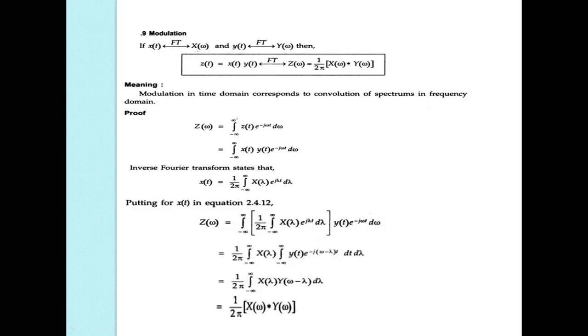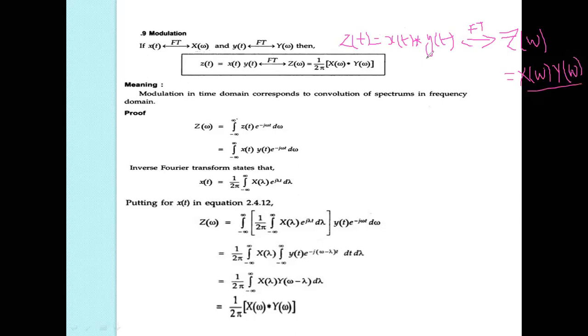Okay, already we have seen the convolution in time domain. Convolution in time domain says that z of t is equal to the time domain convolution of x of t and y of t, and the Fourier transformation Z of omega is equal to X of omega into Y of omega.